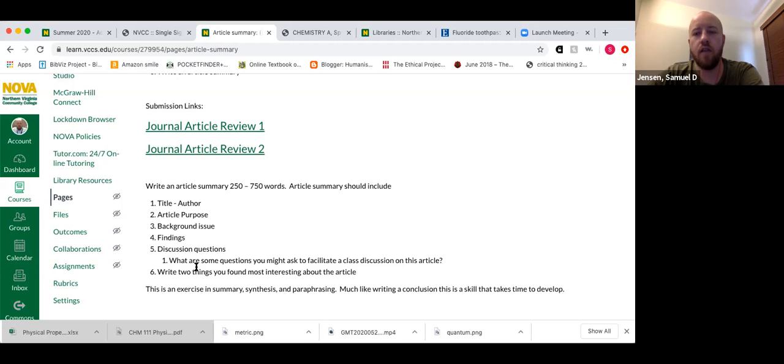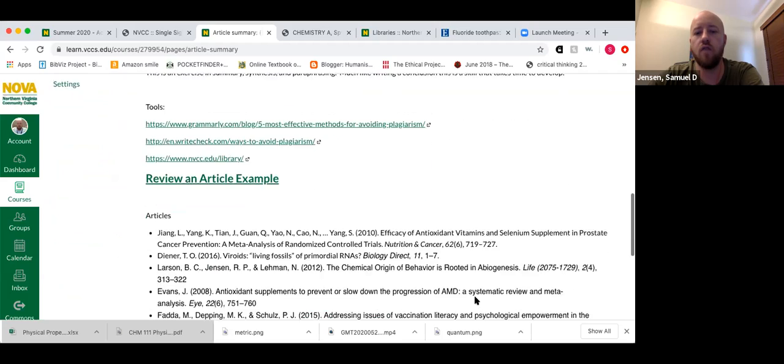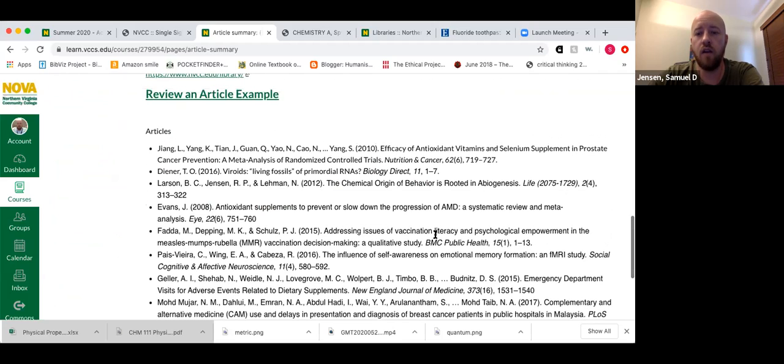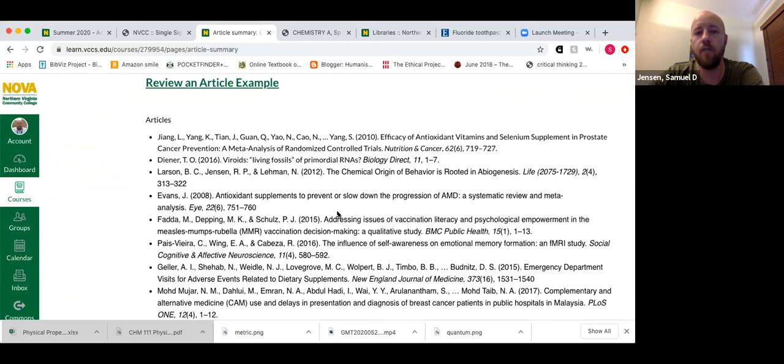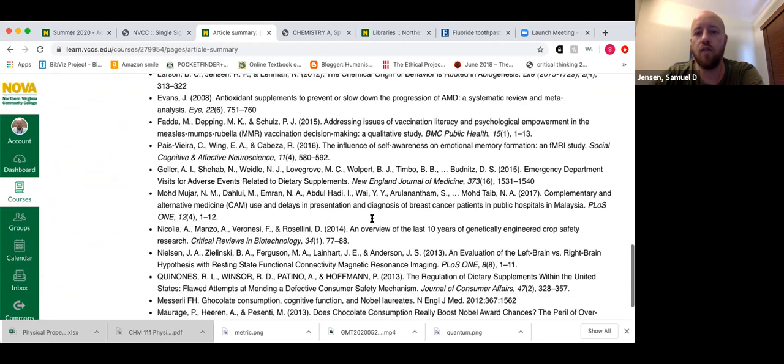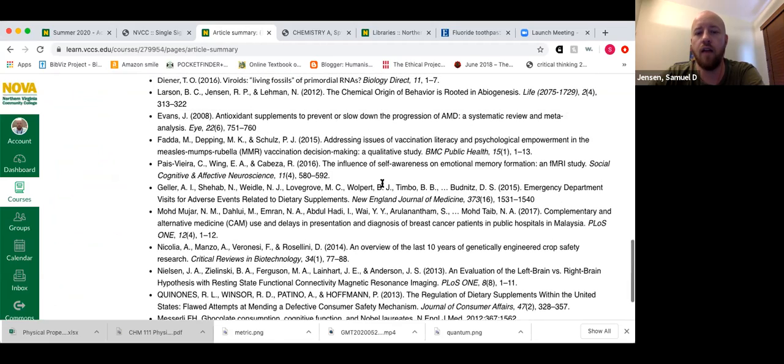Most of this is relatively easy to search through. These articles are not super long. I didn't pick any in here that are like 45-page review articles. So you're not likely to find too many that are too long.